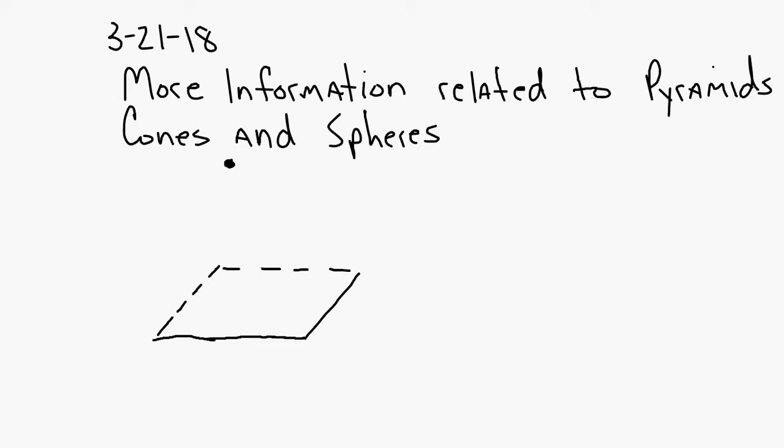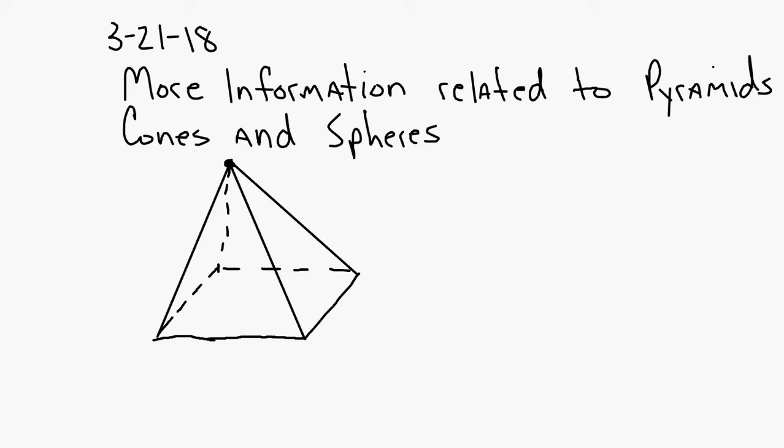And then connect that point. When you connect that point to the front vertices, it can be solid. But when you connect that point to the back left vertex, it's got to be dashed because you can't see it from this view. Agreed?